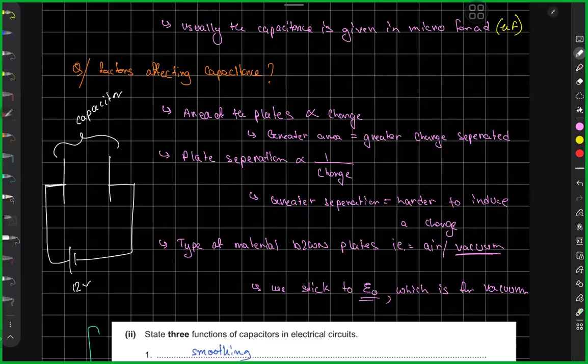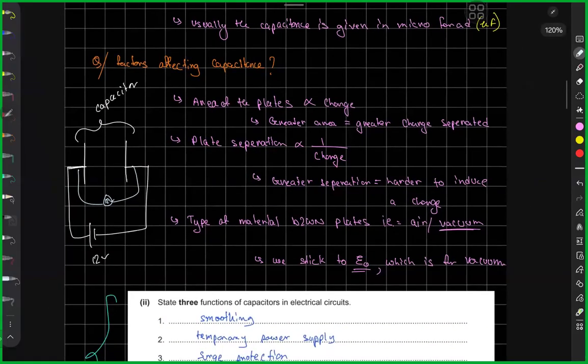Whatever power I'm supplying, or the voltage I'm supplying, that is being applied across these two plates of the capacitor, and the PD across these two will be 12 volt as well. Fair? So it will be 12 volt over here as well. That is as time proceeds.